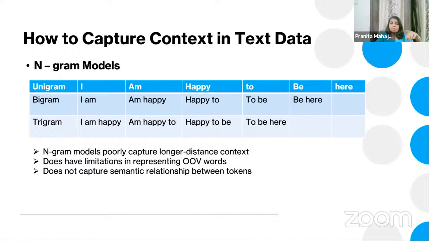For example, if I'm training my model only on this one sentence, and now I add "I am happy to be here with you", my model may not be able to understand "with you" as it has not been trained on it. But it is still very popular in downstream tasks of sequence prediction.